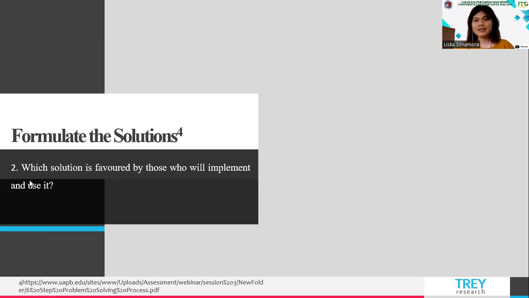So it means you have to make sure that the solution you offer is something favorable for people who will implement and who will use it.